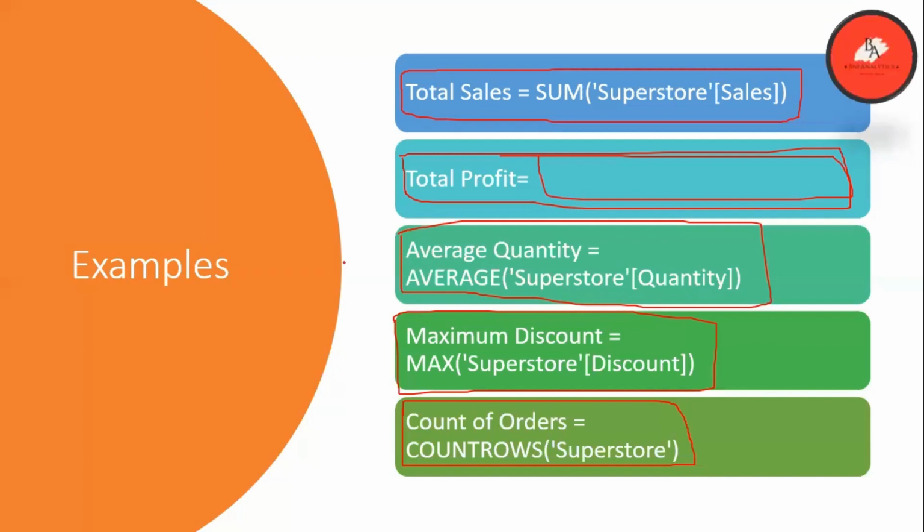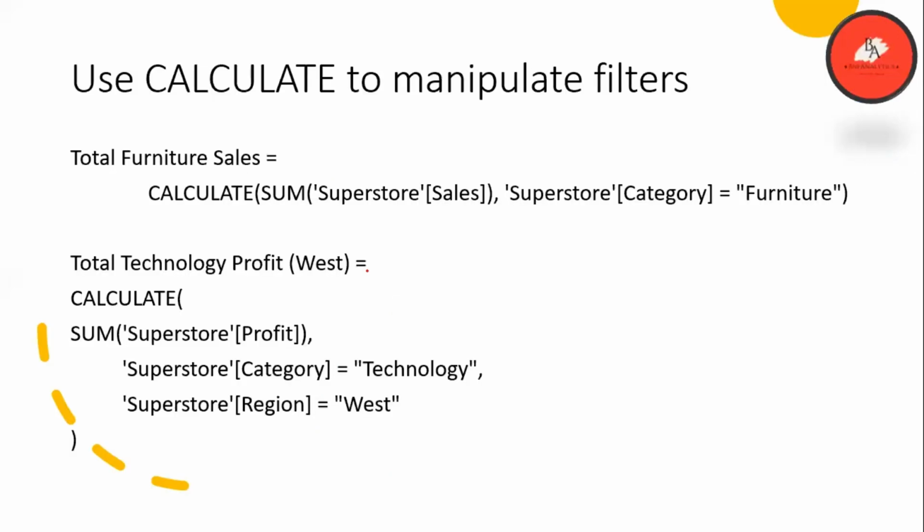Okay, so let's move ahead and see what the different calculations are, or how we can use multiple measures, multiple attributes in a single calculation with the help of the CALCULATE function. This is the very first function that we are going to use. Let me explain this function first, then we will move ahead.